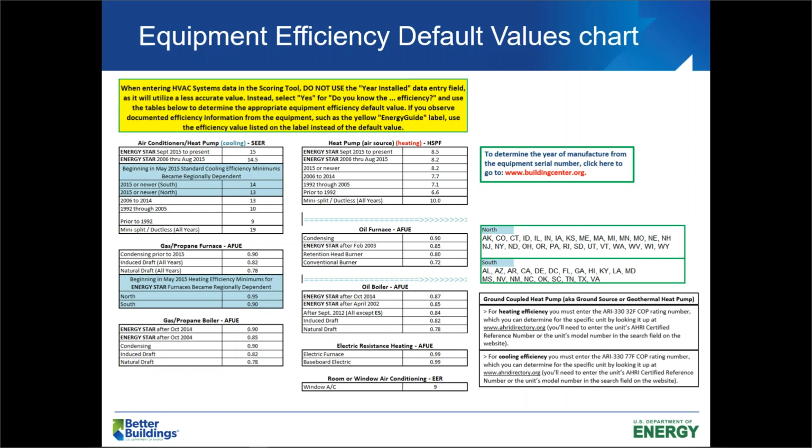If you use dates, especially with new equipment, you're going to derate them significantly, so the house will score lower than you would expect it to. So use the table based on the dates and the equipment type and whether it's an Energy Star or not, and energy efficiency. Please do not use the dates.